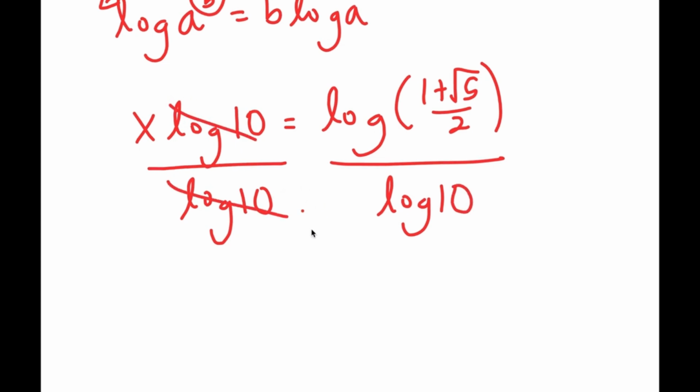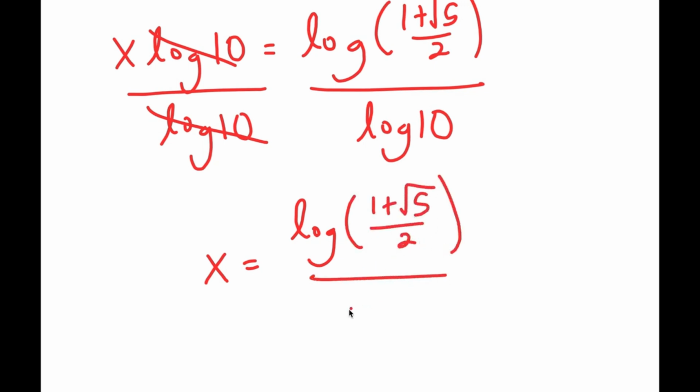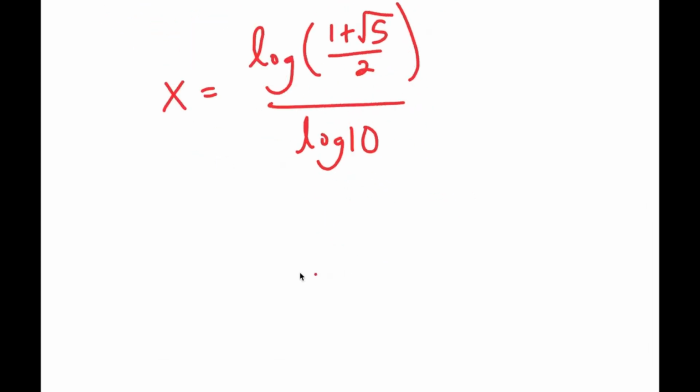So then these two cancel out, and I get x is equal to log of (1 plus the square root of 5) over 2, over log 10. And log 10, if you already know, is equal to 1.